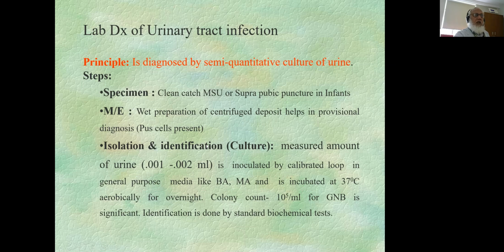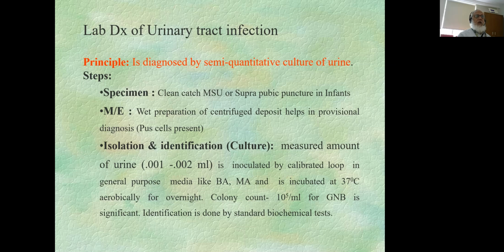In urine culture, we need to culture a measured amount of urine by a calibrated loop or micropipette, and if we need to do the colony count, a colony count of 10 to the power 5 per ml is significant.